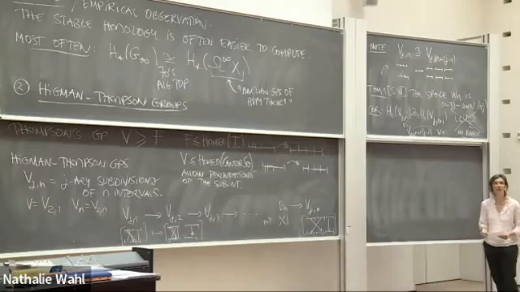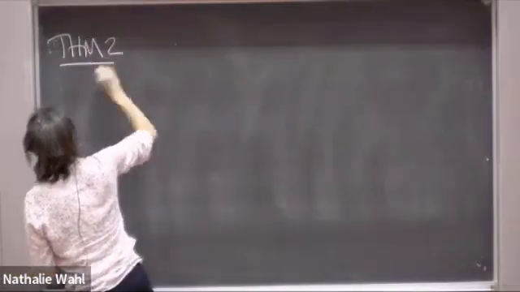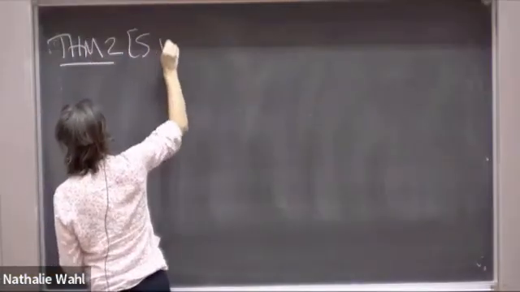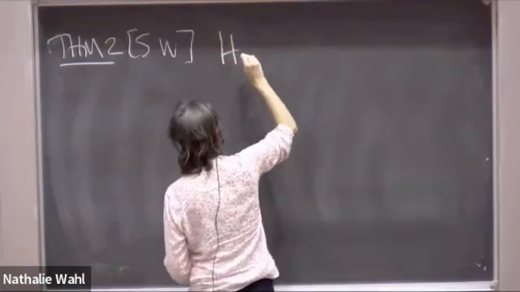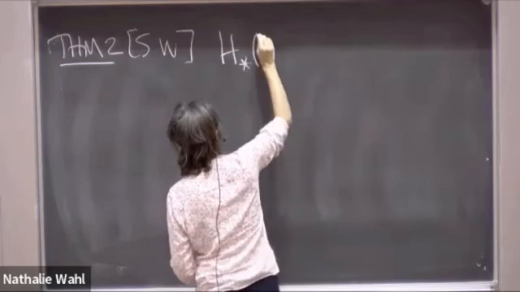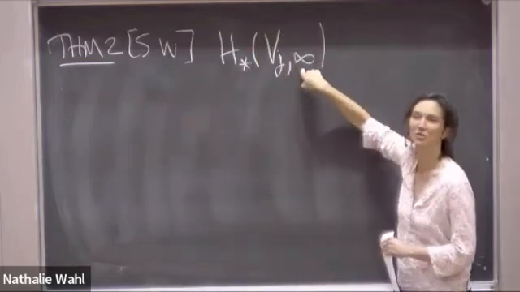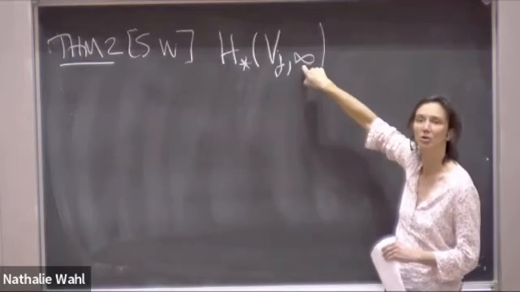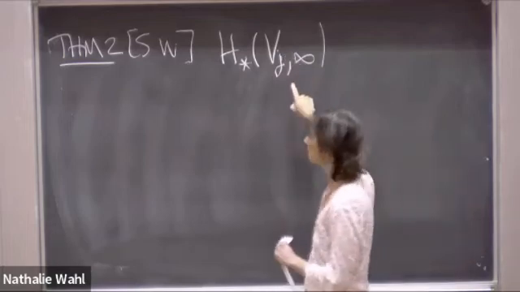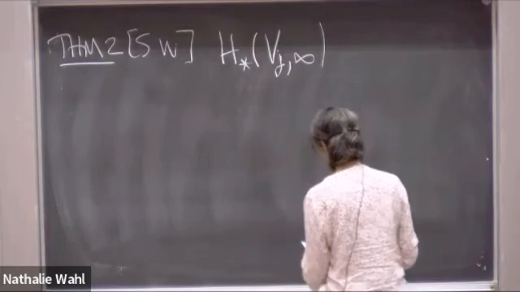And then the second part is to say, well, we have to compute now the stable homology. So this is the second part, and it says the following: H star of VJ infinity. So it doesn't matter whether I've put infinity, n, or 1 here because they're all isomorphic. But nonetheless, you should think of it as the stable group. I mean, the way we compute it is really in terms of this stable group.